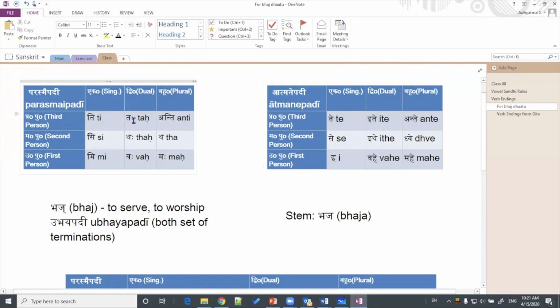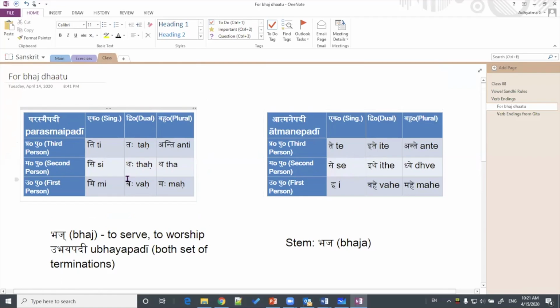And remember, these are only for present tense. For other tenses, which we have not studied yet, the endings would be different. So this is for present tense. And particularly for parasmaipadi, the exceptions are fewer than atmanepadi. But you will find similar endings for all other stems.